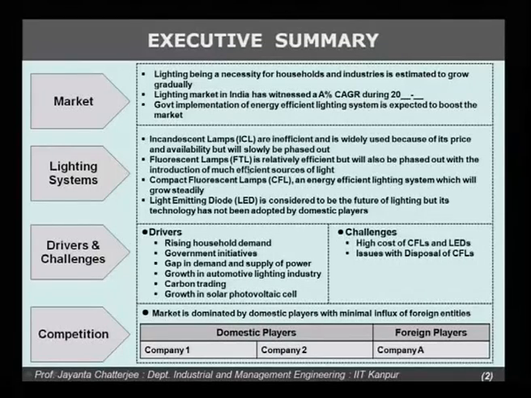There is some interesting technological dynamics that is explained here, that the CFL or compact fluorescent lights are a new technology relatively against the incandescent bulb, which has been the mainstay of lighting for almost 100 years or more.